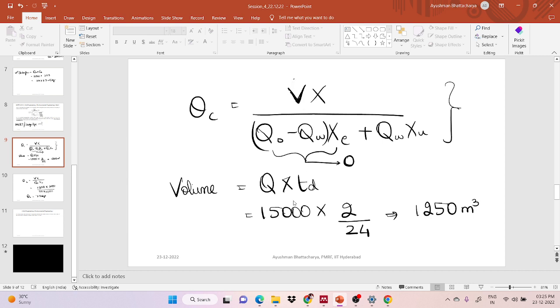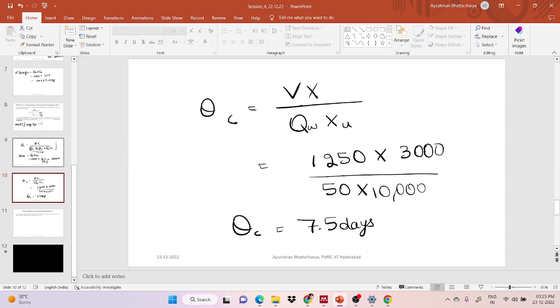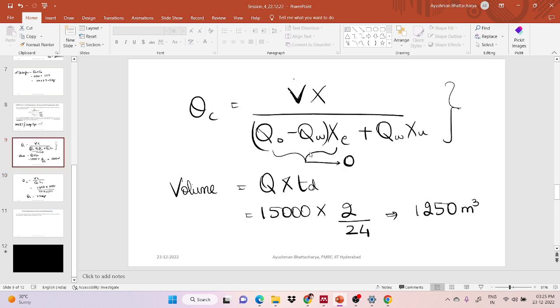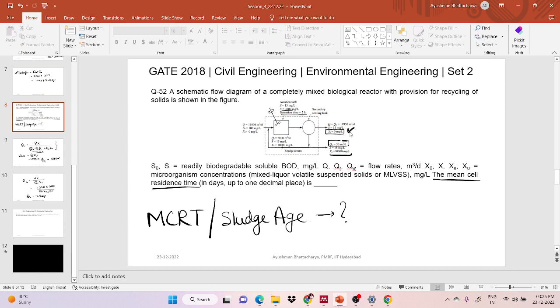We use the flow and the detention time which is mentioned in the question. Knowing the volume, we calculated the sludge age or mean cell retention time using the data given in the question. And this we considered as zero because XE they have considered as zero here. So that is the reason we considered it zero.